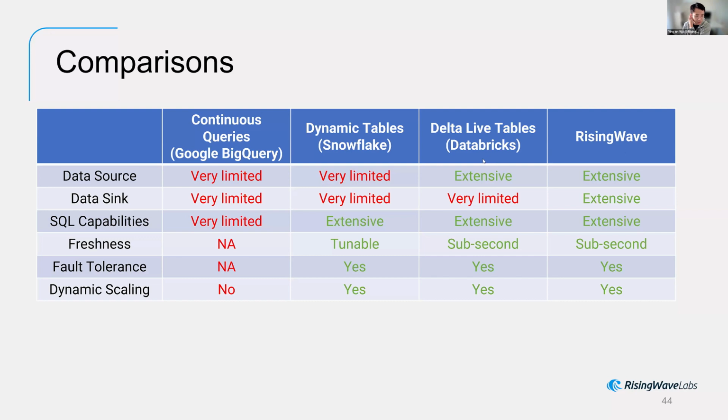The first thing we can look at is that for BigQuery continuous queries, the data sources are pretty limited, because it only allows you to ingest the data from BigQuery's tables. For data sinks, you can sync the data into another BigQuery table, or send the data into Bigtable, and probably into Pub/Sub, but you cannot send it to any other places.